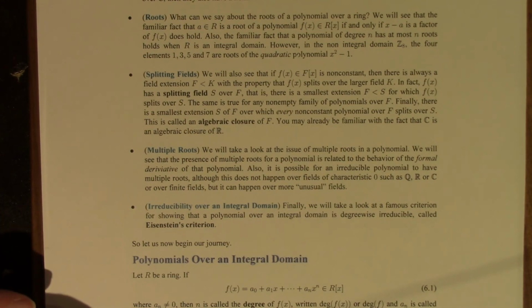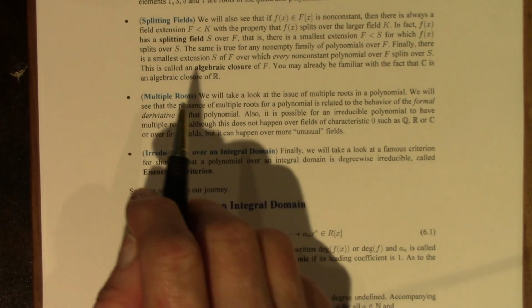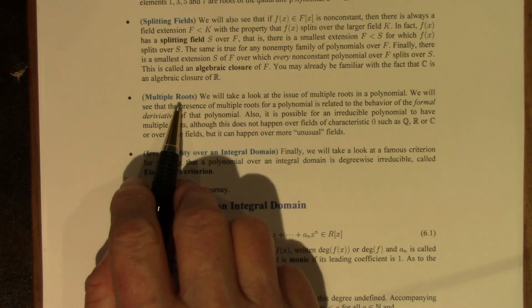We'll touch upon this somewhat briefly in this chapter and do a much more careful look at this concept and field extensions in general in the next lecture series on field theory and Galois theory. There are several types of field extensions that are very important in field theory. Finite extensions, algebraic extensions, transcendental extensions, normal extensions, separable extensions, Galois extensions.